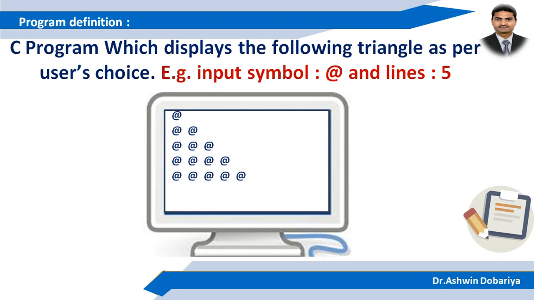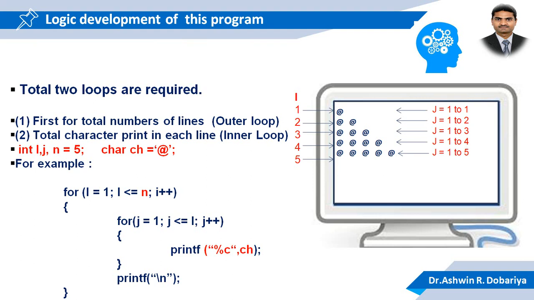Let's start the logic. As we know, friends, in a left aligned triangle generally we think about two major for loops. The first for loop, the outer loop, depends on the number of lines. Suppose you want to display 5 lines, the outer counter variable will initialize starting from 1 and i less than or equal to n.